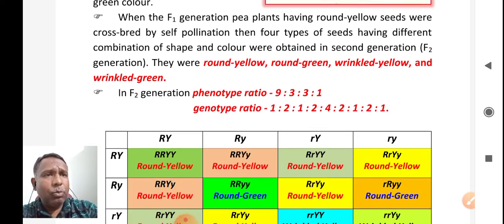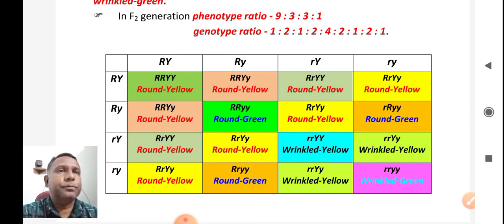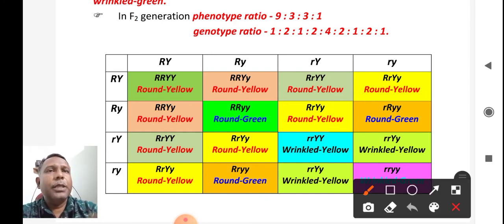So how? Now it is seen here. Here capital R, capital Y, that is round yellow. Again round yellow, again round yellow, again round yellow. In the second line we see round yellow, then round green, because two small y are there.